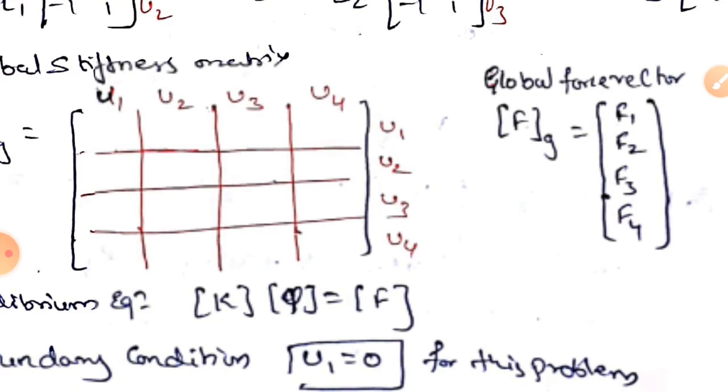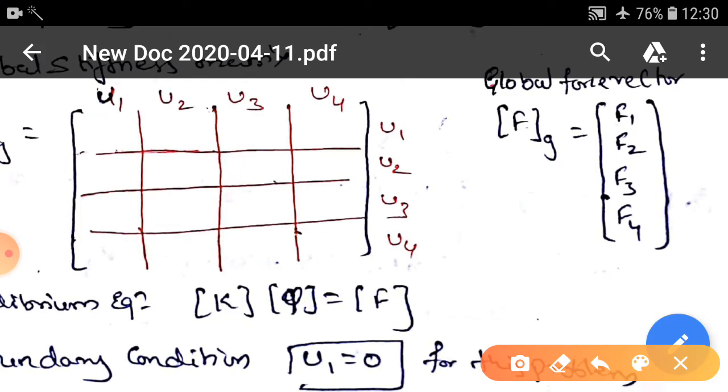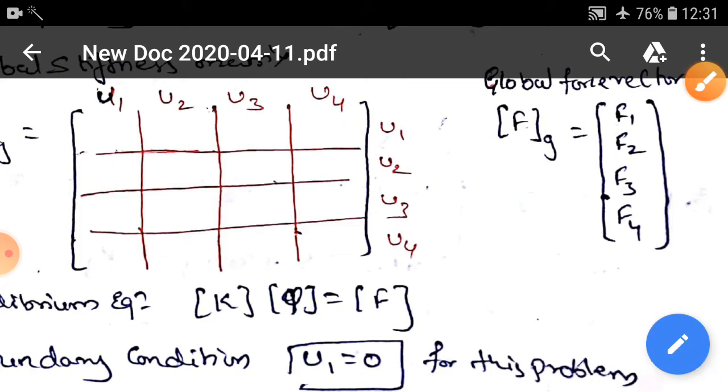Go on mapping from u1 row u1 column, u1 row u2 column, u1 row u3 column. If you follow my discretization process, u1 row u3 and u1 row u4 come out to be 0. Simply map those values from all those element stiffness matrices.